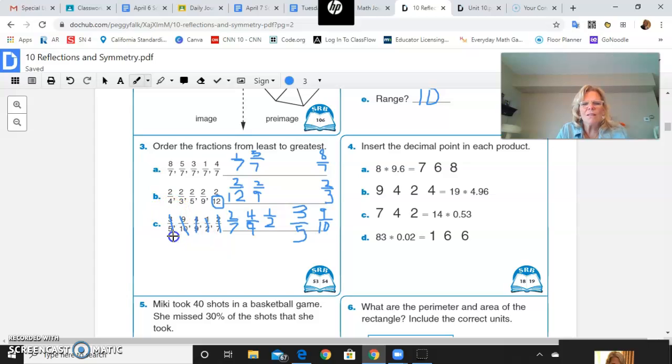Another way to do this, and now that you guys are experts on this, is you could change all of these into a decimal. Like 1/2 is 0.5, 3/5 is 0.6, 9/10 is 0.9. 4/9, if you remember the ninth, is 0.4444444, or we can round it to 4/10.